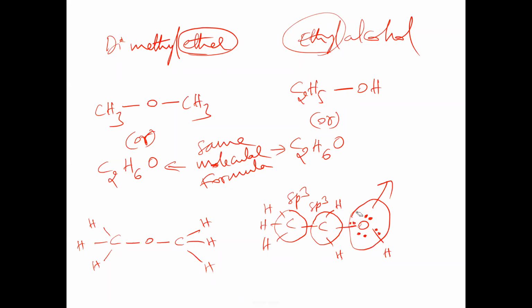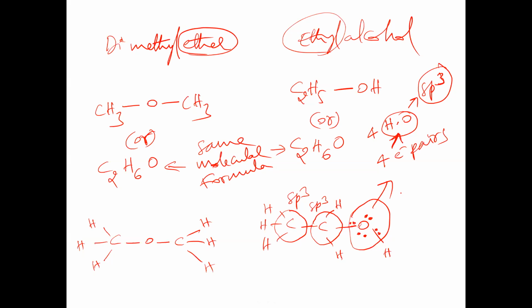Around this oxygen, totally 4 electron pairs. 4 electron pairs indicates 4 hybrid orbitals. 4 hybrid orbitals means sp3 hybridization on the oxygen atom, with 2 lone pairs and 2 bond pairs.